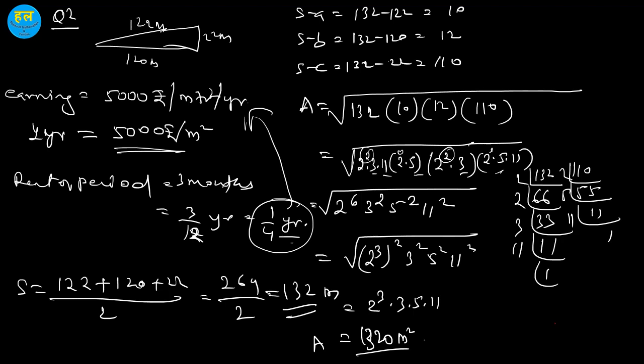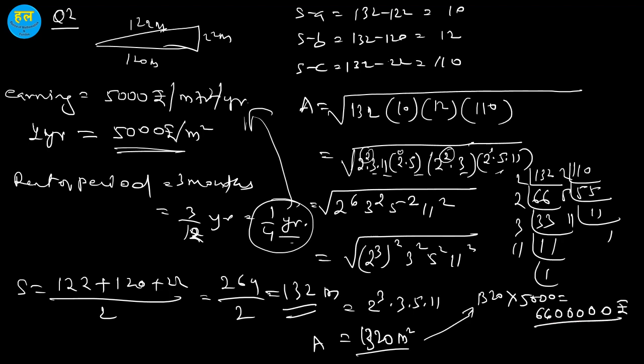So when we pay 5000 rupees per meter square, we have to pay 1320 into 5000. This will be the amount. 1320 into 5000 is equal to 66 lakhs rupees.